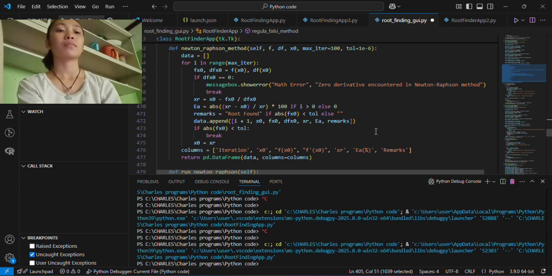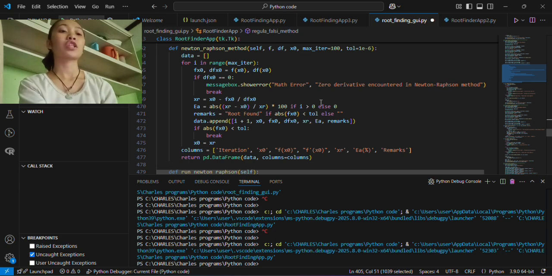The Newton-Raphson method code calculates f of x0 and the derivative f prime of x0. It checks the derivative is not 0 to avoid division by 0. It computes the new guess xr. The code also calculates the error, Ea.